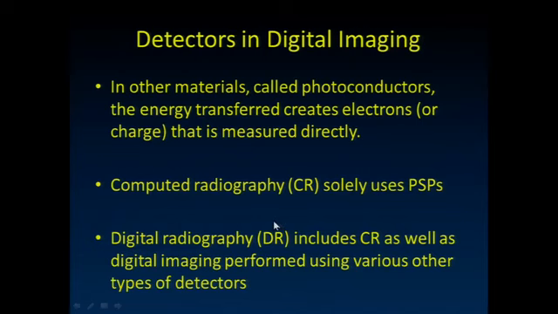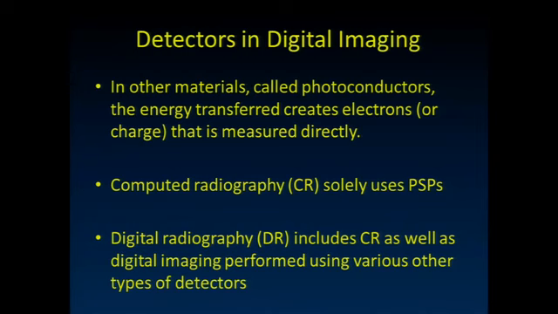In other materials, and I want to move away now from scintillators and phosphors, called photoconductors, X-ray energy is directly converted to electrons, the flow of current. So that X-ray energy is directly converted through to current. We don't need these intermediate lower energy visible light photons.